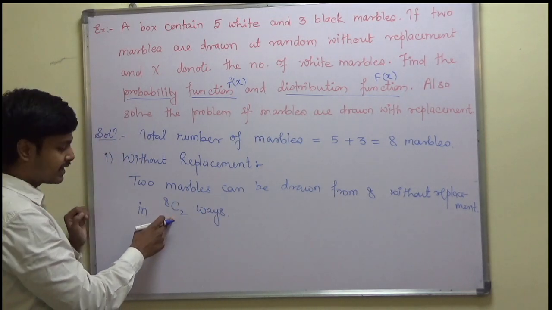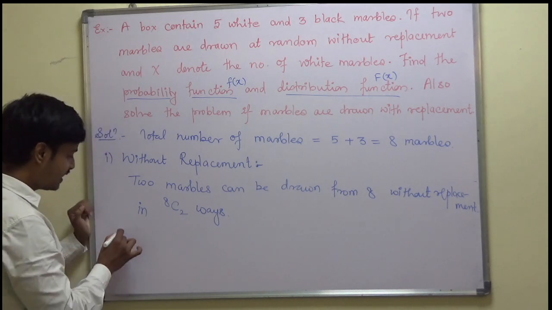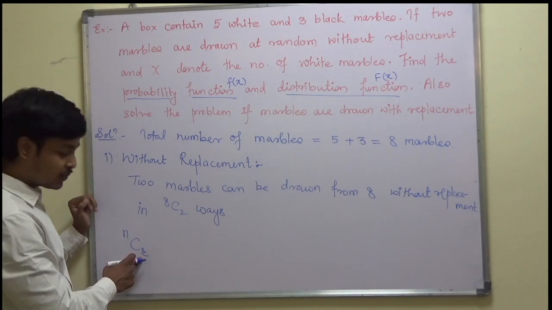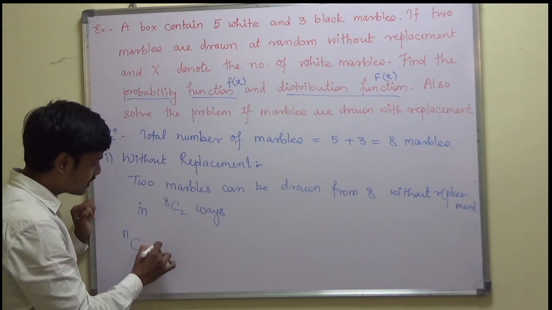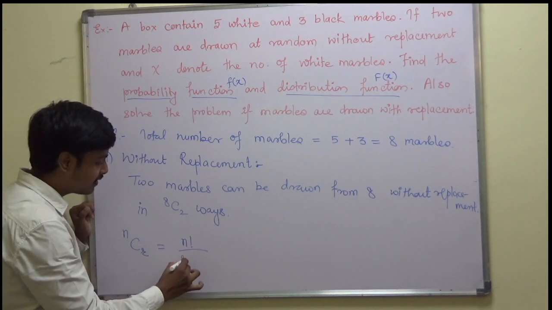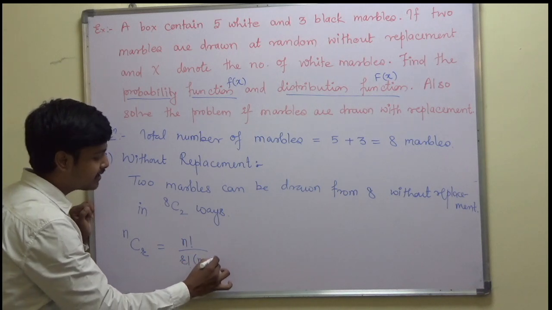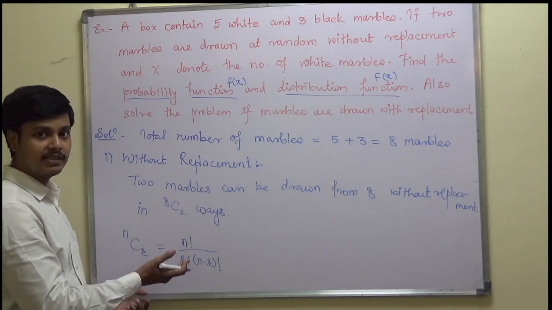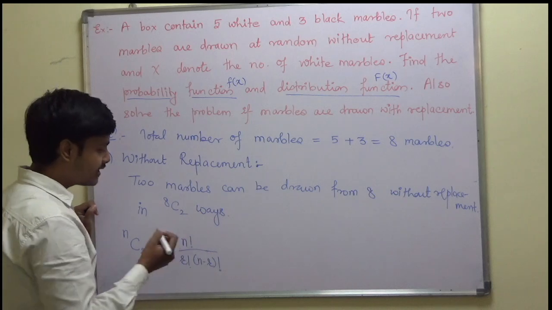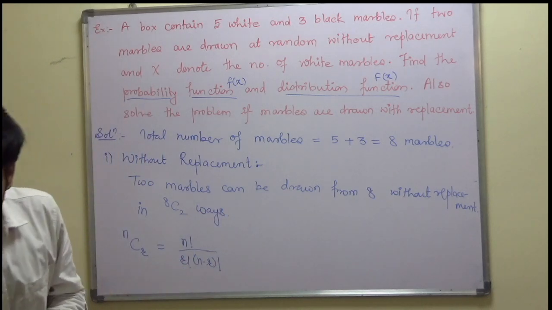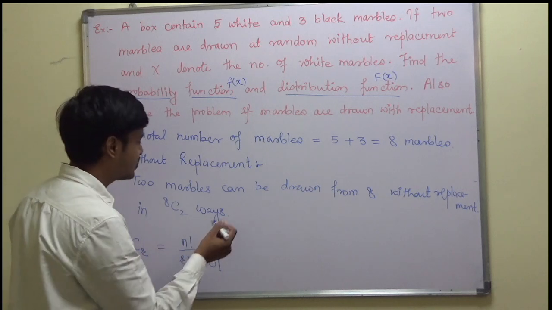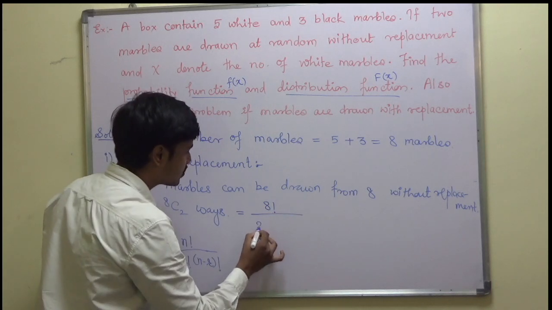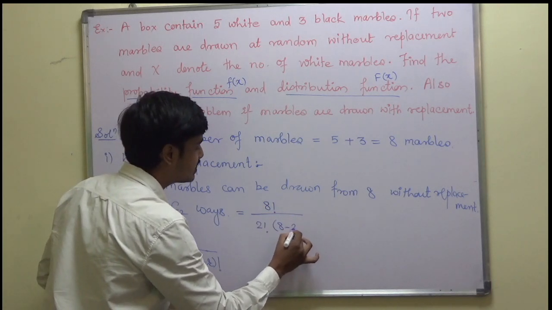If you remember the formula for combination, if you have n objects and you have to choose r objects from n, it is given by n factorial over r factorial into n minus r factorial. If you are maintaining notes, you can write it above in the margin. So 8C2 is 8 factorial over 2 factorial into 8 minus 2 factorial.